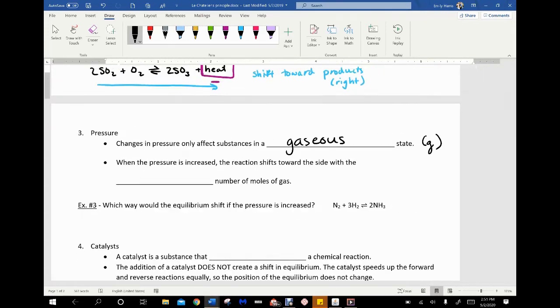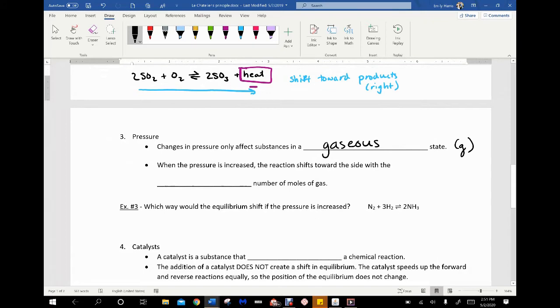All right, so it says when the pressure is increased, the reaction is going to shift toward the side with the fewest number of moles of gas. And so what will happen is the less gas you have, the better able it will be to accommodate a higher pressure.